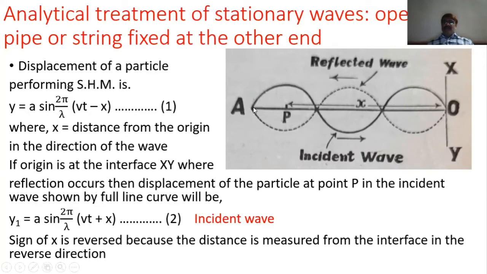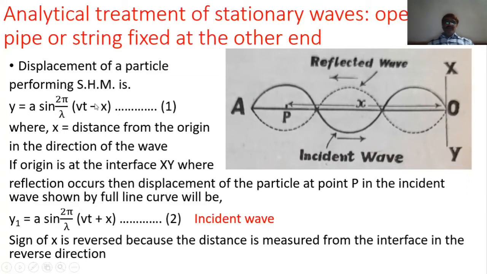So the incident wave has started from A and is moving in this direction, so in the positive x direction. While if we are measuring the distance of point P exactly in the opposite direction, then what we have to do?